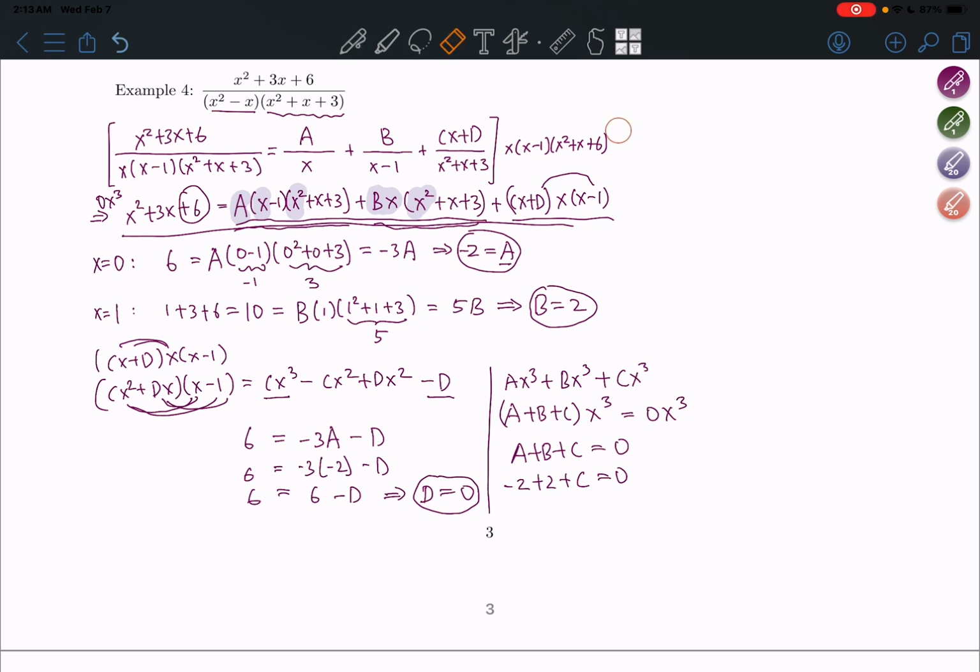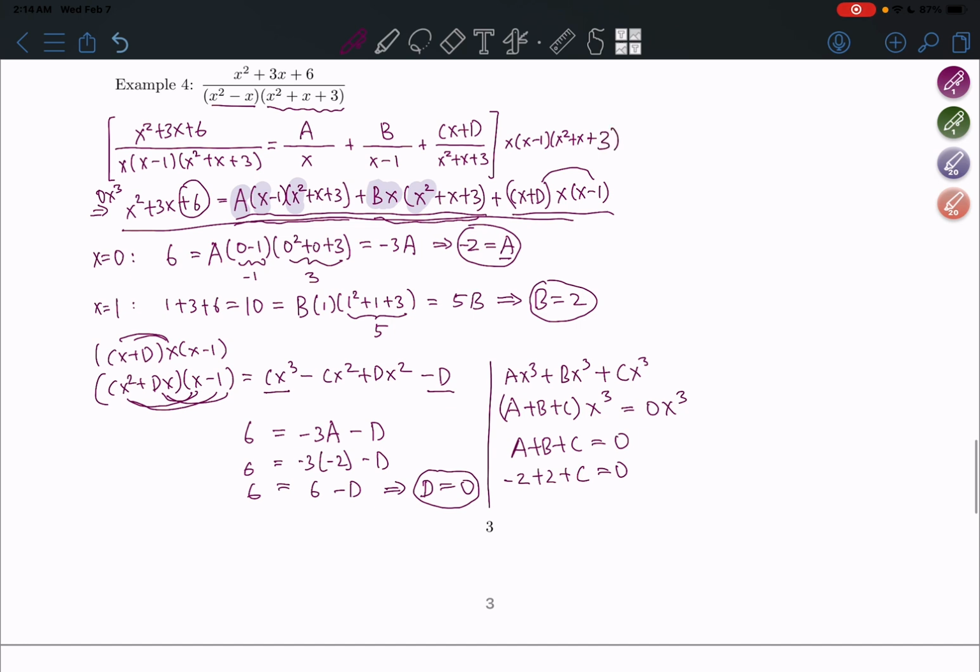Actually, I have a typo that's unrelated, but let me erase that. There should be a 3 there. That doesn't change much, though.